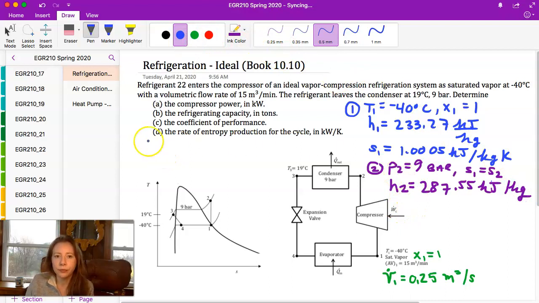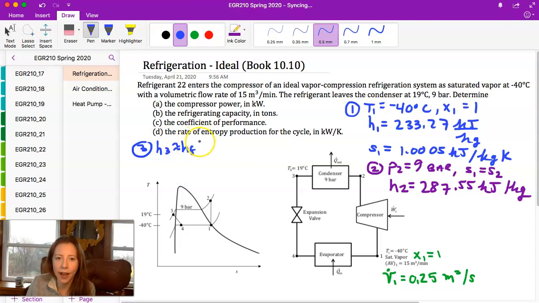For 3, I'm going to put that one over here. We have a compressed liquid because it went through a condenser. And you can see that here, our compressed liquid is outside the vapor dome. So we know the temperature is 19 degrees C. Because we're dealing with a compressed liquid, H3 is going to be approximately where we have a quality of 0 in the liquid vapor table.